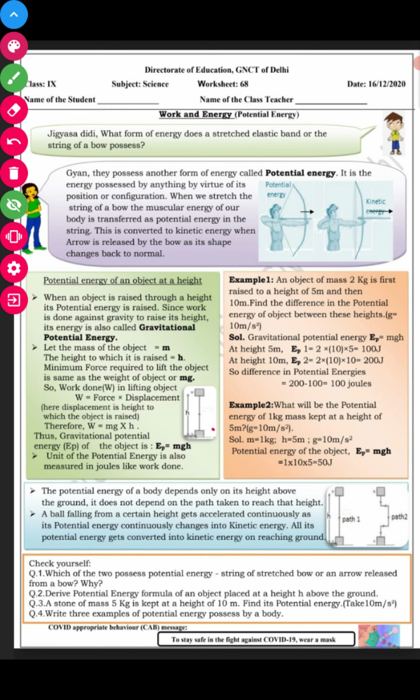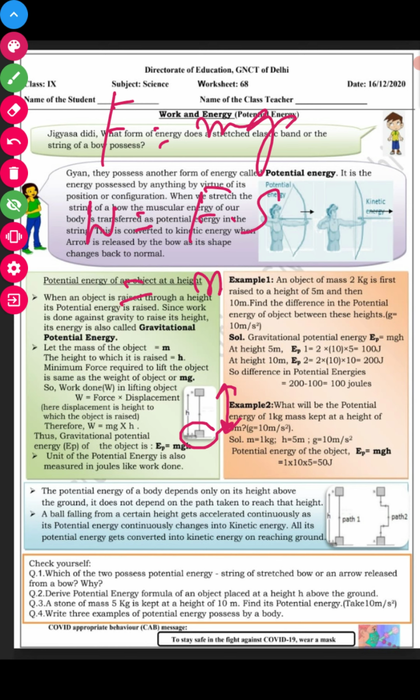According to this, if the object is here and we apply a force to lift this object up to this height, then the minimum force required to lift it is F equal to mg. As we know, work done in lifting that object is force into displacement.